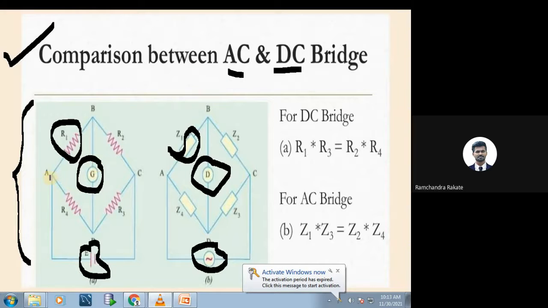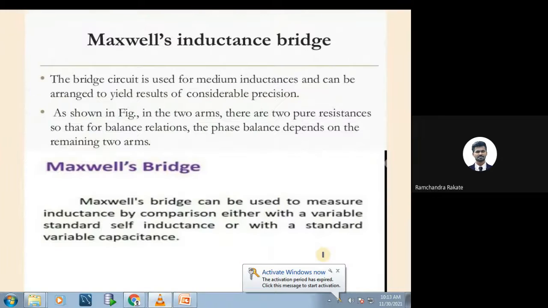Other procedure, other circuitry, other connection diagram will remain the same. The other equation also remains the same. Here we derived the equation R1 into R3 is equal to R2 into R4, and we have seen its modified version also, R1 divided by R2 is equal to R4 divided by R3. In the same way, only resistance will now be replaced by inductance. Clear? So this is the basic difference between AC and DC bridges.